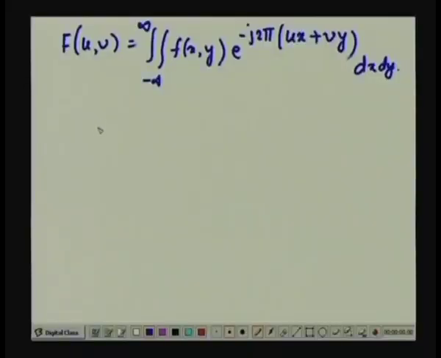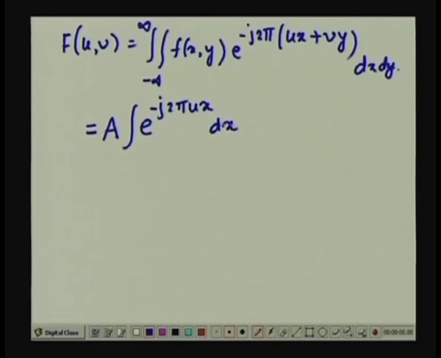So, we can break this particular integral in this form. This will be the same as capital A, then the integration over x, which in this case will be e to the power minus j 2 pi u x dx.